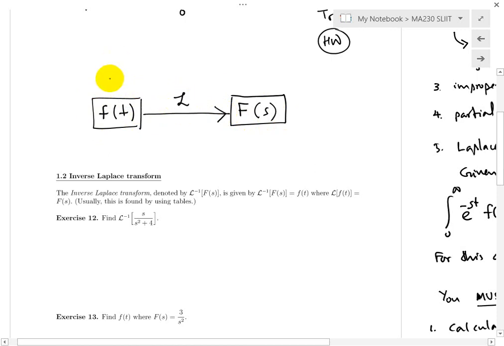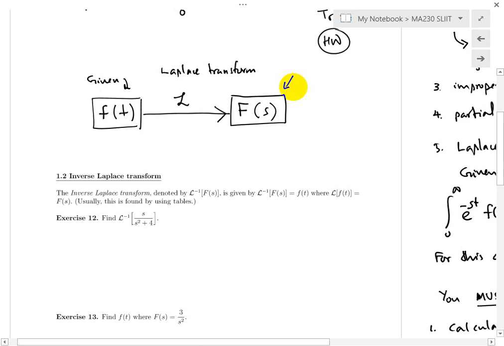So once we are given this Laplace transform, it gives this function. Okay. So inverse Laplace transform means going in the other direction.